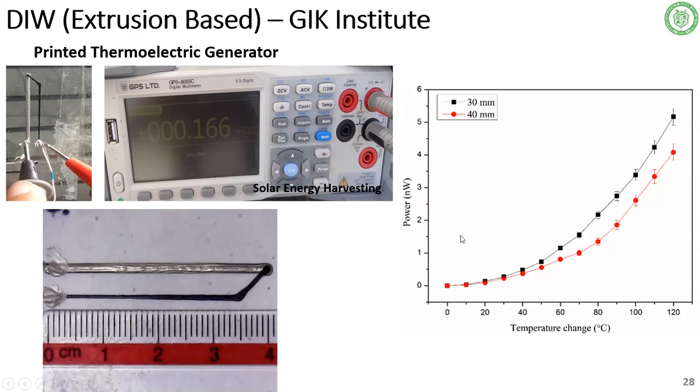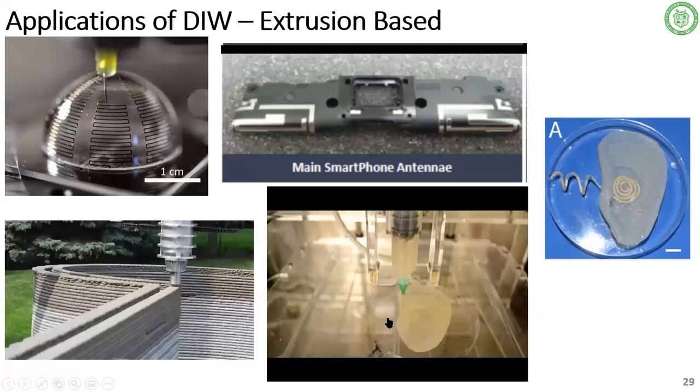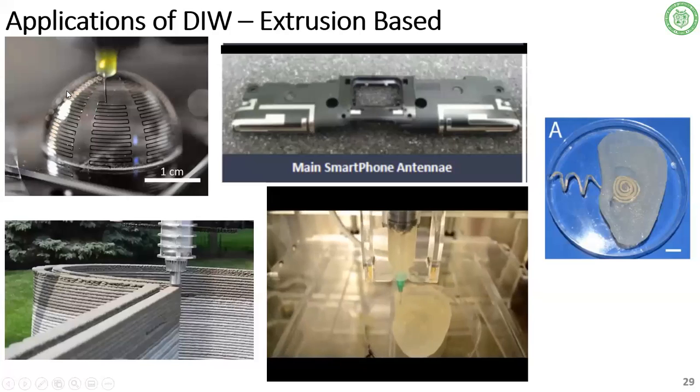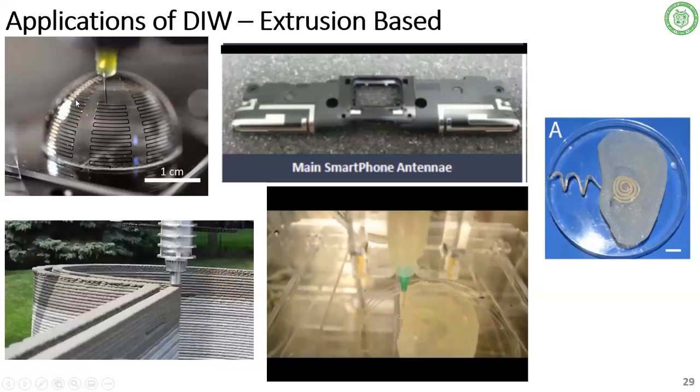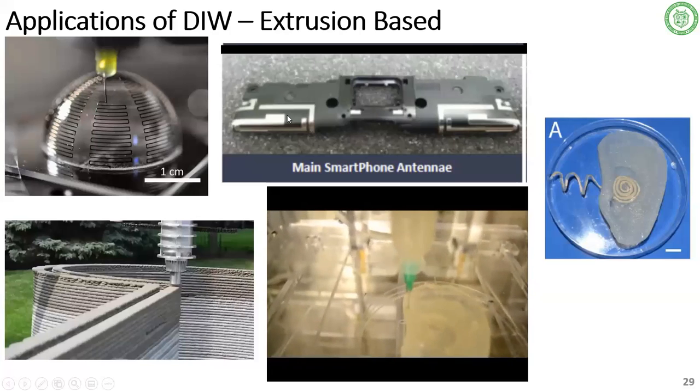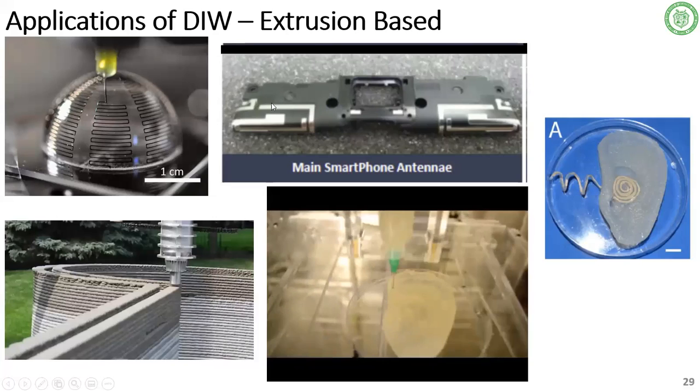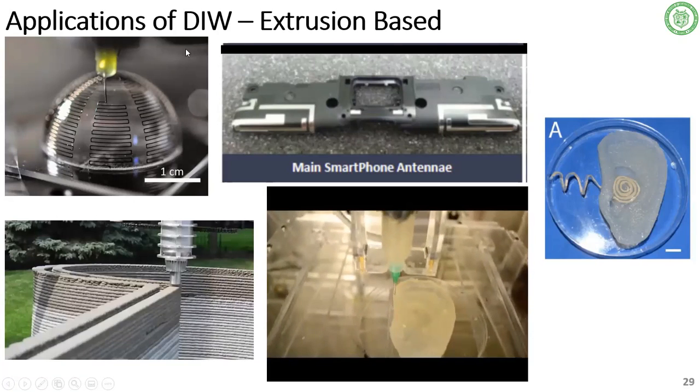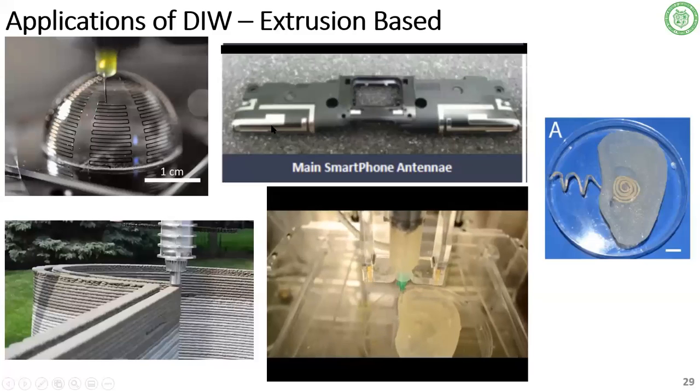Now there are other applications of direct ink writing. This is printing of an antenna on a conformal surface. The antenna on your smartphone is printed through this direct ink writing technology.